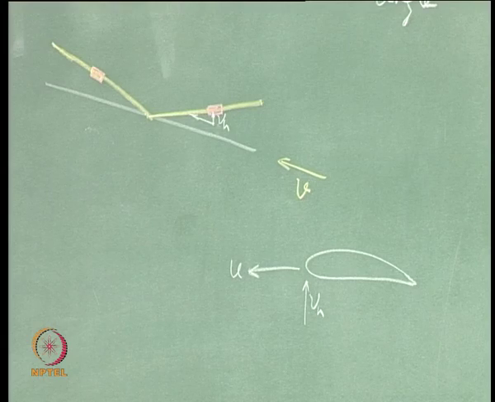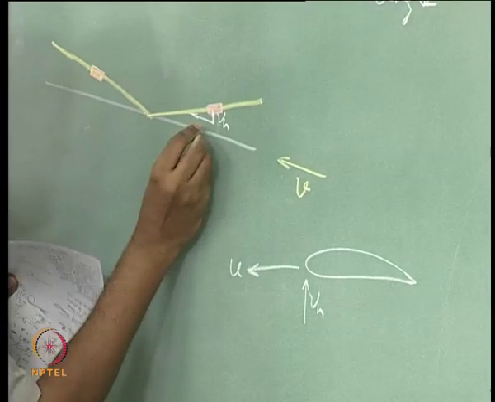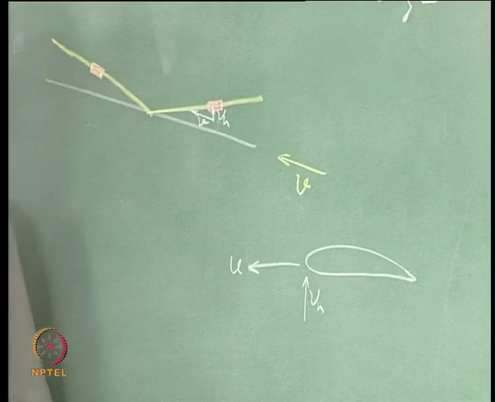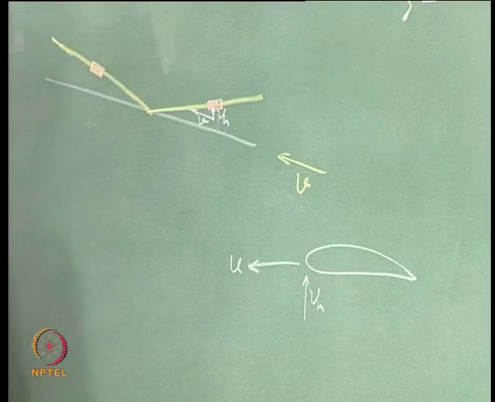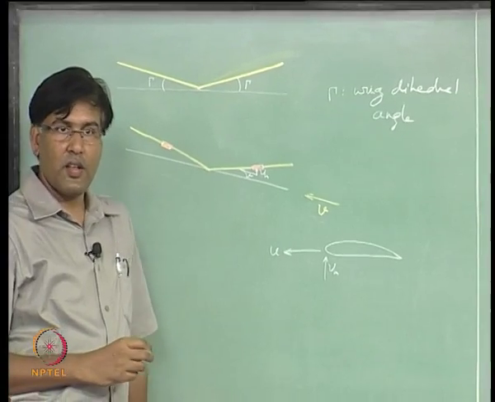Is it clear? What is this component Vn? Let us say this is your V. What is Vn?